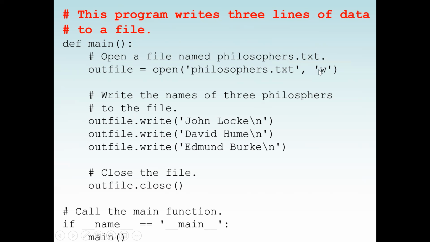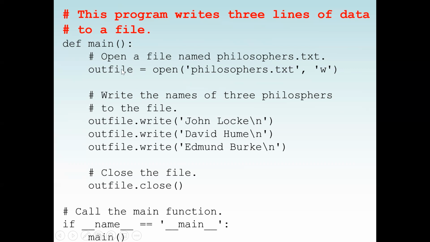This will allow us to write content using a variable named outfile. Now we write the names of three philosophers to the file. The file object is outfile, so outfile.write. First we have John Locke, second David Hume, third Edmund Burke.